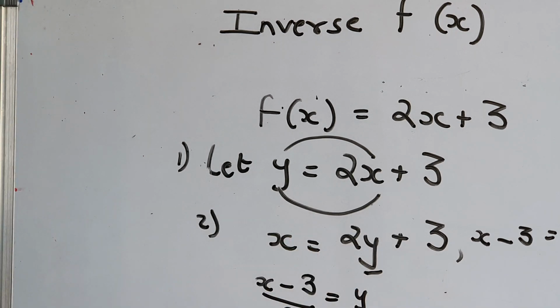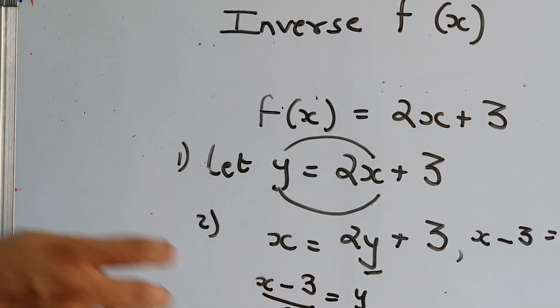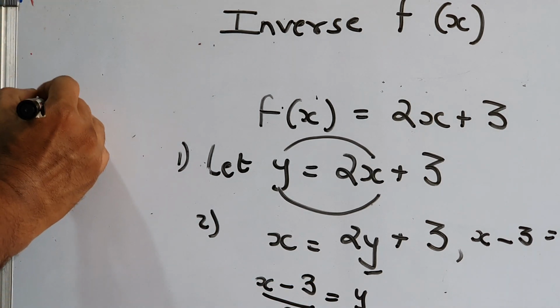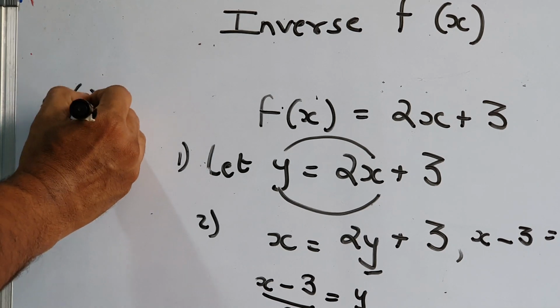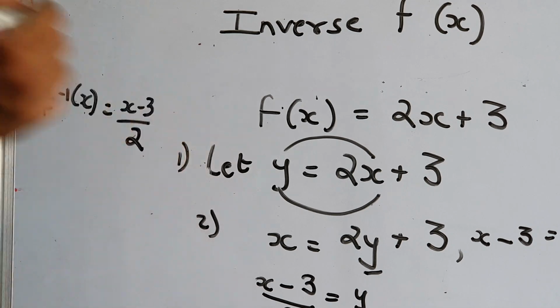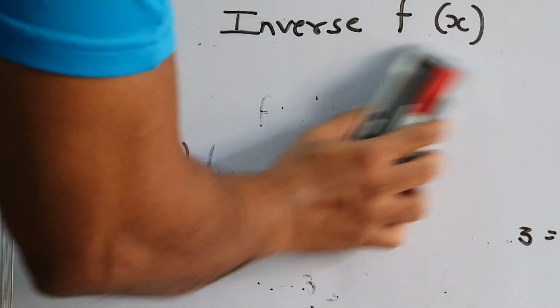If you look at this, you will come to know y has become (x minus 3) upon 2. And then I can write f inverse x is equal to (x minus 3) upon 2. This is my answer.